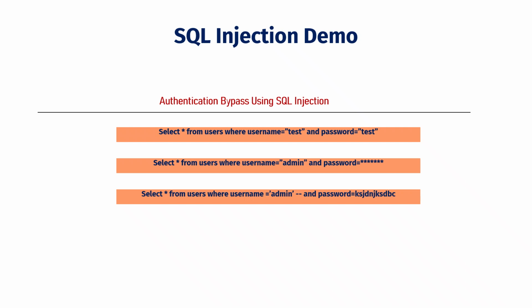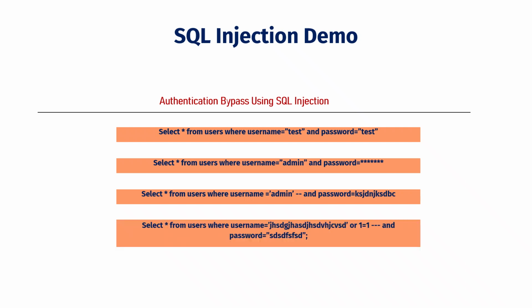Now, in this particular case, you can even make an exploit without knowing the username. Let's modify the query again. Let's say select star from users where username is equal to some junk value or 1 equal to 1 double hyphen and password is equal to some random value.